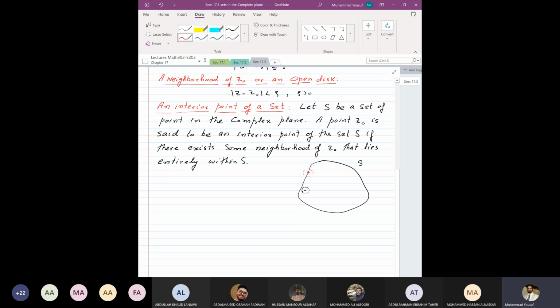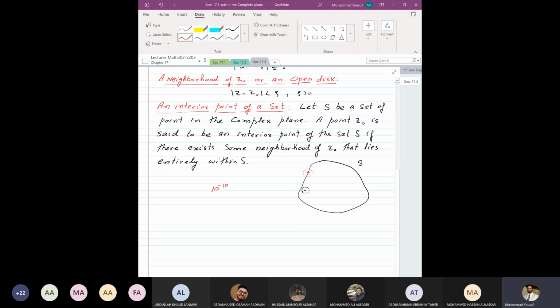If the distance of this point from the boundary is 10 power minus 10, it is very, very close to the boundary.